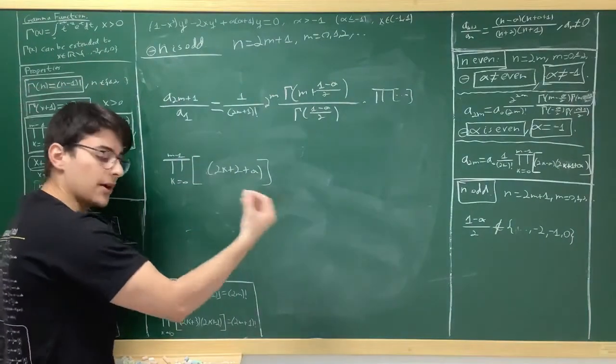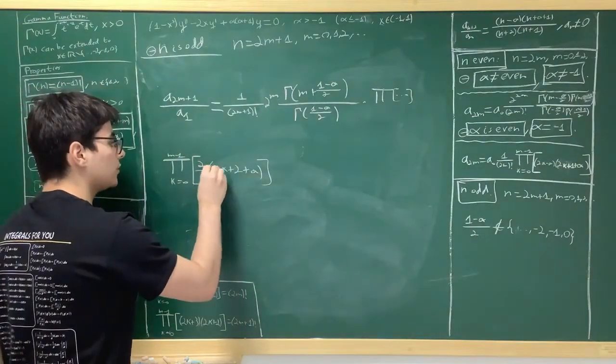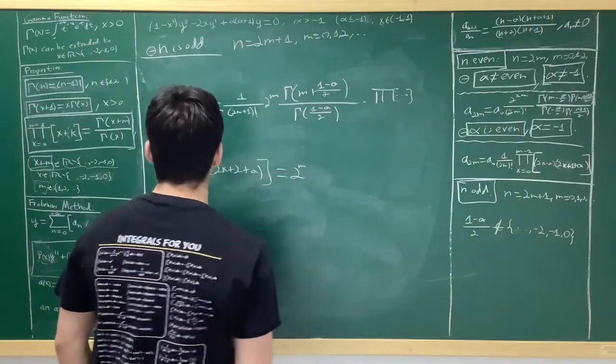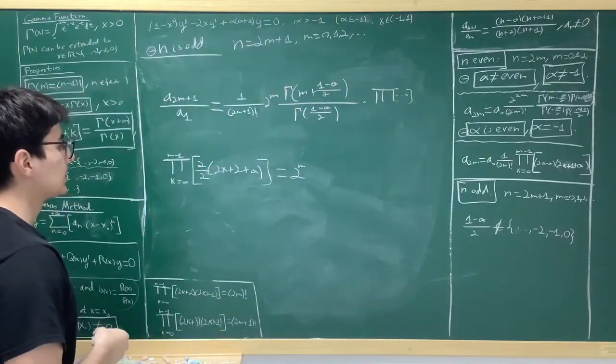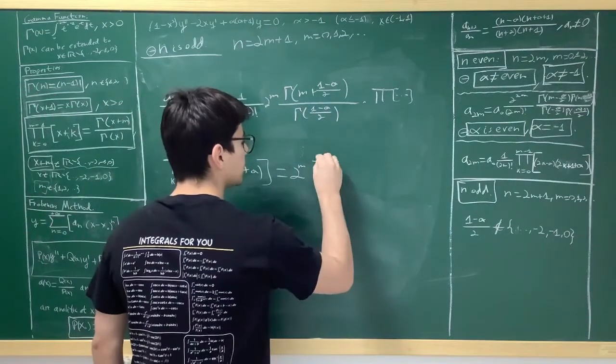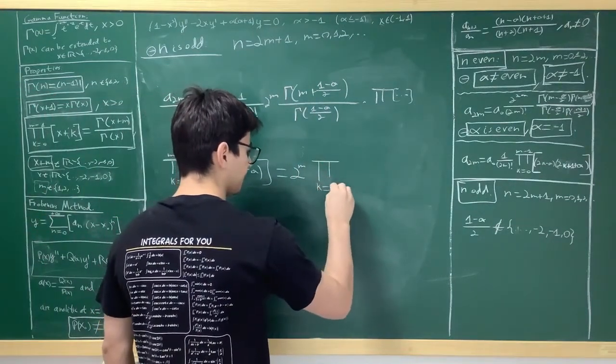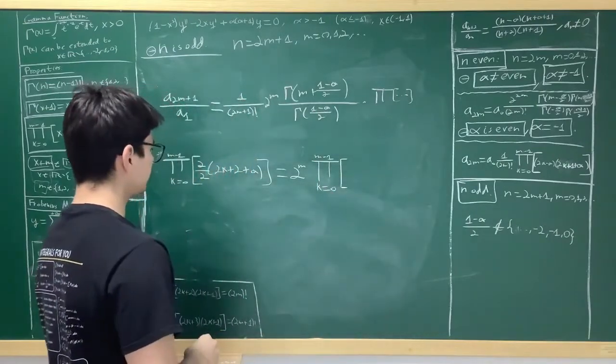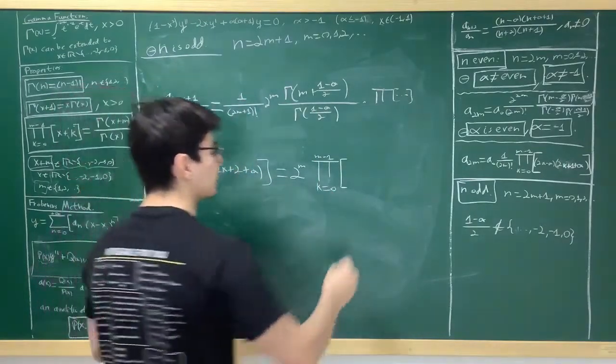Again, multiply and divide by 2. So 2^m goes outside, and this just becomes this product: k plus 2 plus alpha over 2.